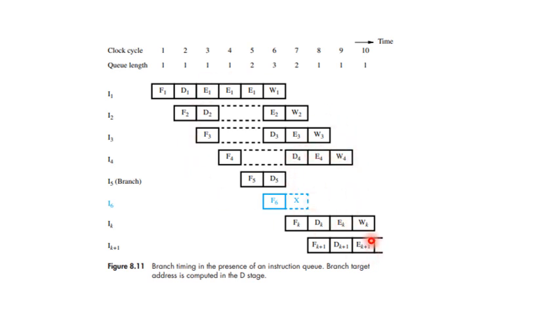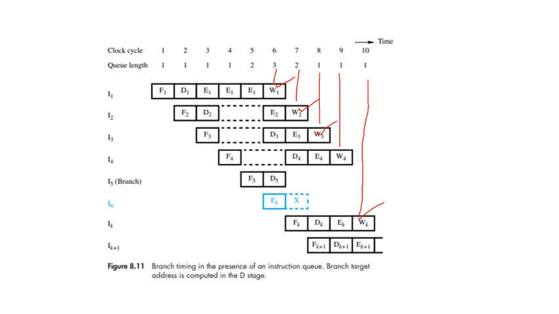Let us now observe the sequence of instruction completion in this figure. The instructions I1, I2, I3 and IK complete execution in successive clock cycles.